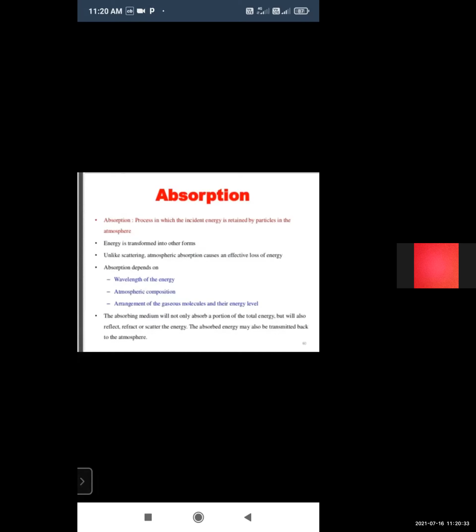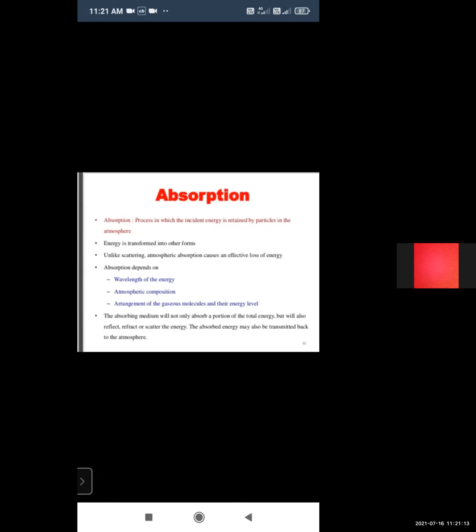So either scattering or absorption causes a loss of energy of the electromagnetic wave. Absorption depends on the wavelength of energy, atmospheric composition, and also the arrangement of gaseous molecules and their energy levels. The absorbing medium will not only absorb a portion of total energy, but also reflect, refract, or scatter the energy.